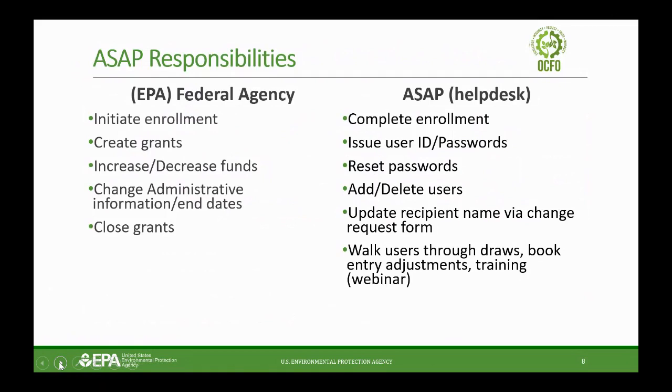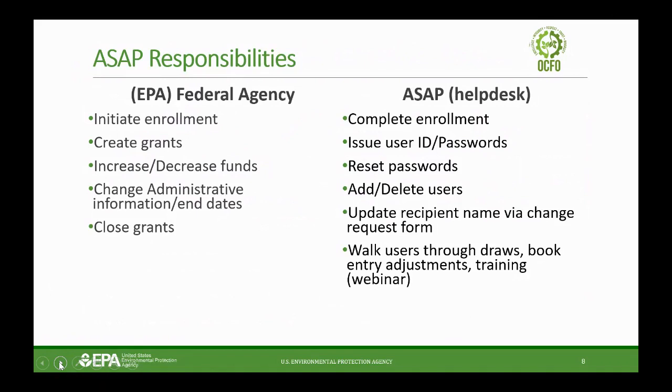We'll increase or decrease depending on your agreement inside of ASAP. We can change administrative information such as your budget end date, if you receive an extension, and then we also financially close out your grant inside ASAP.